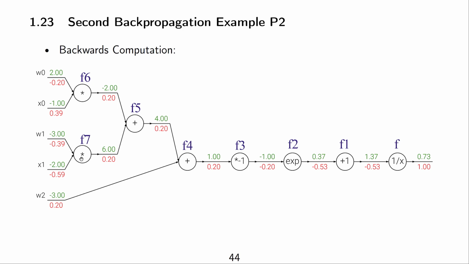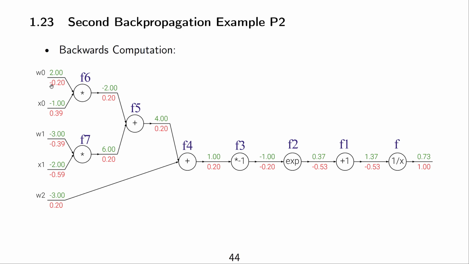And from the first example, we should remember how this output of this node f7 changes with respect to x1. Well, this depends on w1, so this is w1, the local gradient. So in order to get this minus 0.59, we compute 0.2 times minus 3.